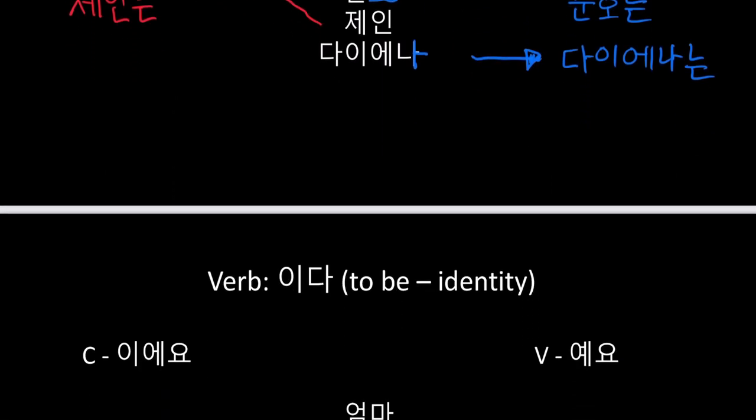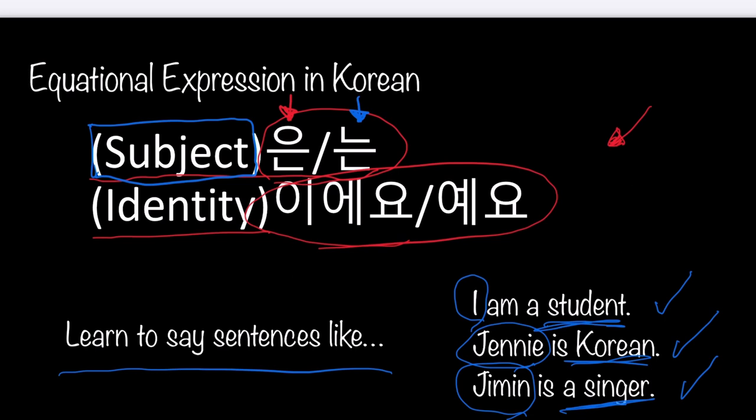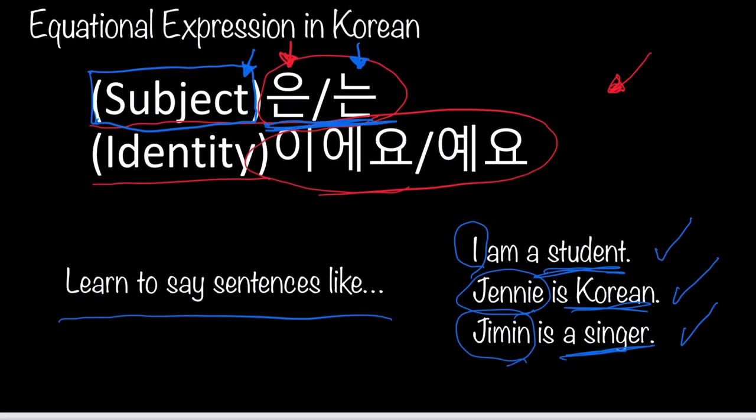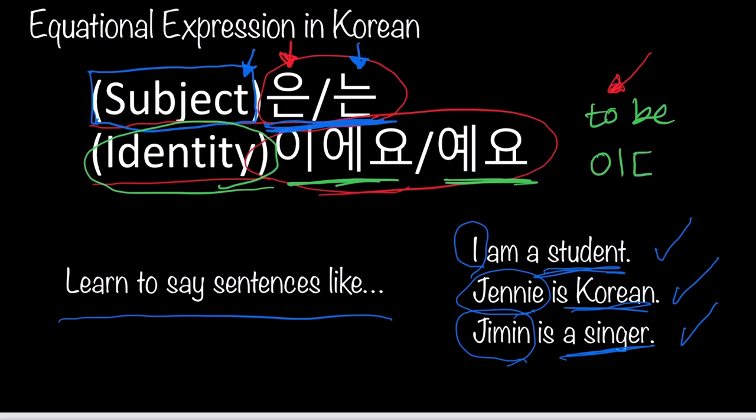Now, let's move on to the verb in our sentence structure. We have the subject, and we have to figure out what letter the subject ends in to figure out which subject particle to use. We need to do the same thing to figure out which form of the verb to be in Korean, 이다, to use in our sentence.